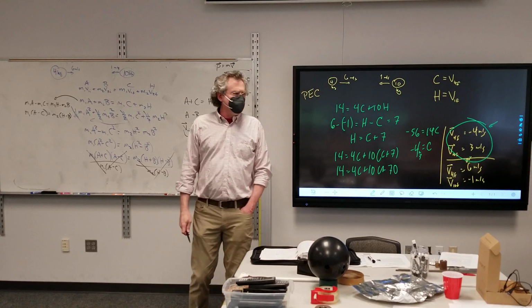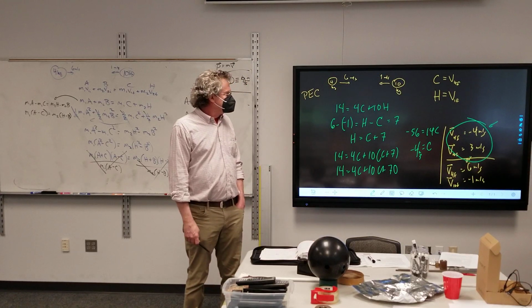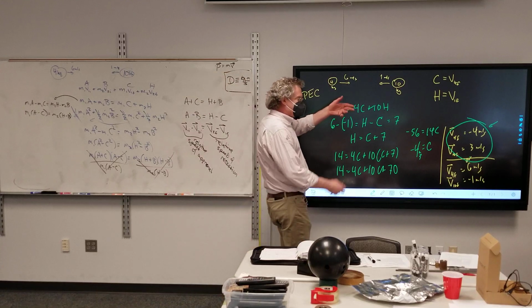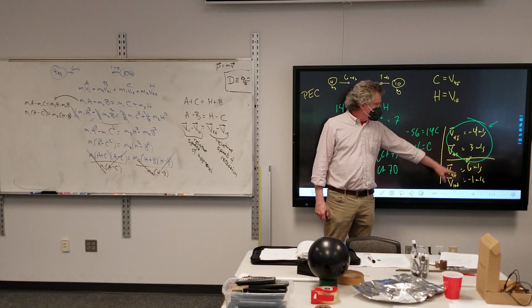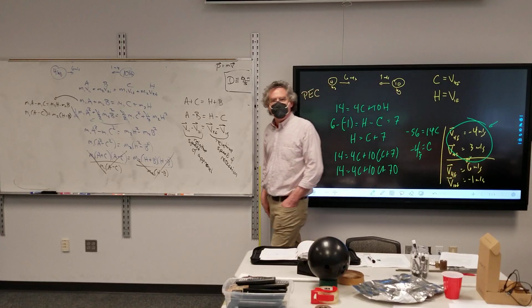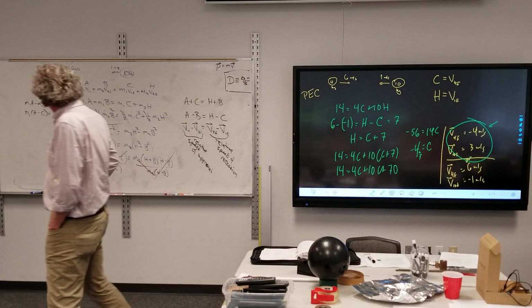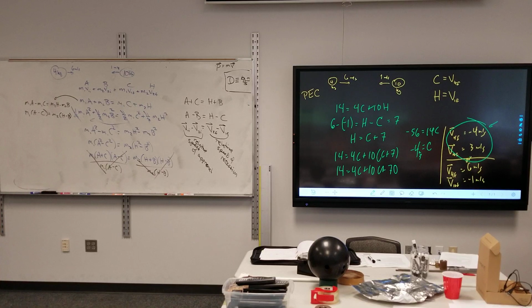Now, what happened to the other solution though? We started with the exact same two equations, but somehow this disappeared. Where did this go? At what point did it disappear from the answer?